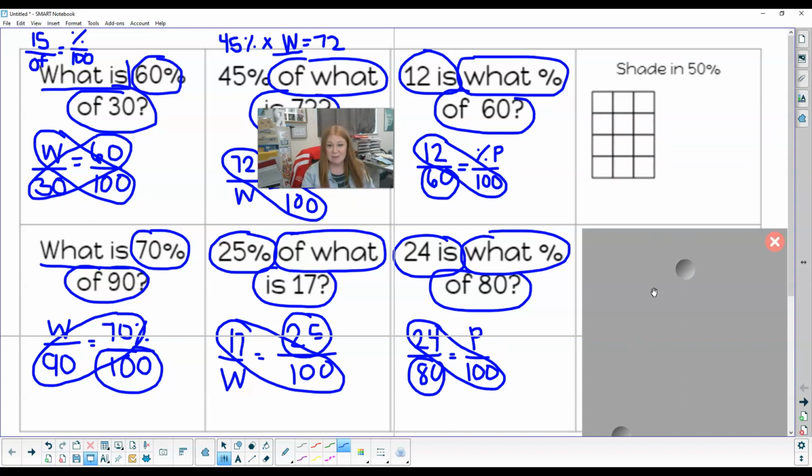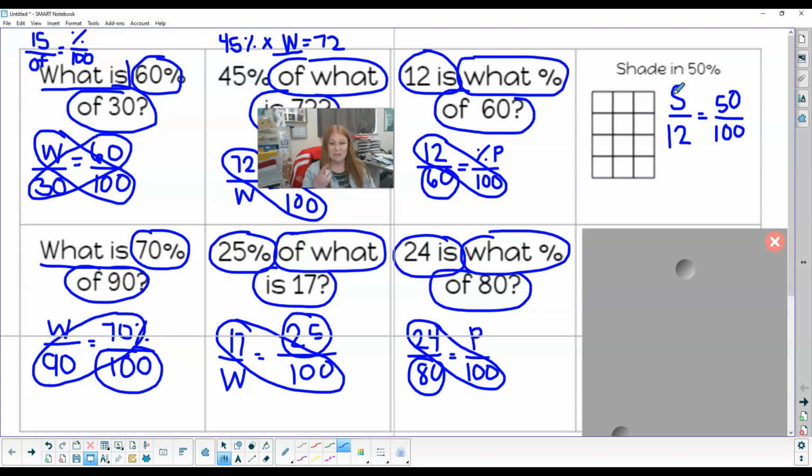Okay, our last type of problem, it's going to ask us to shade in 50% of this. So I know I want 50% out of 100, and I'm looking for this piece. I don't know how many I should shade in, but I do know how many I have. Here's 3 by 4. 3 times 4 is 12.